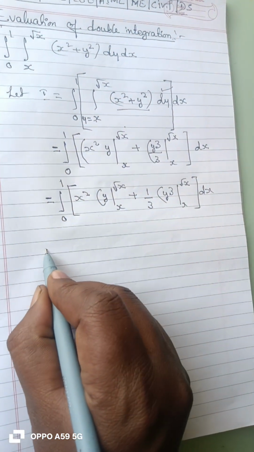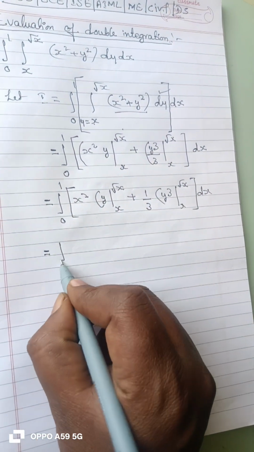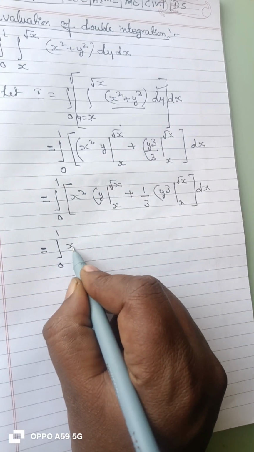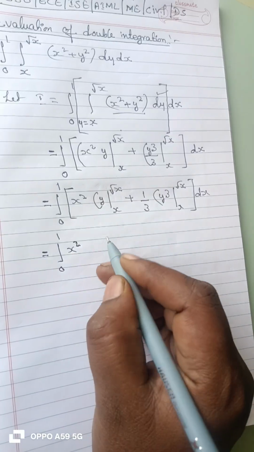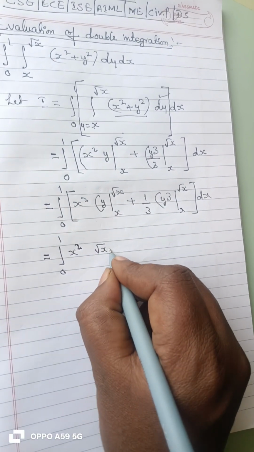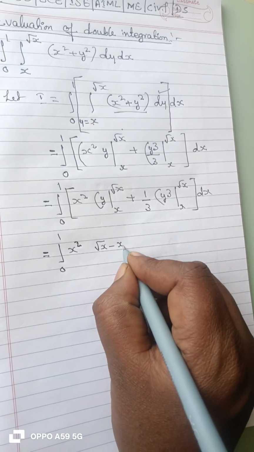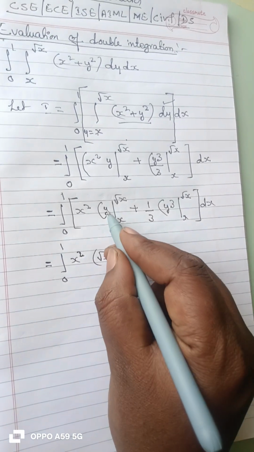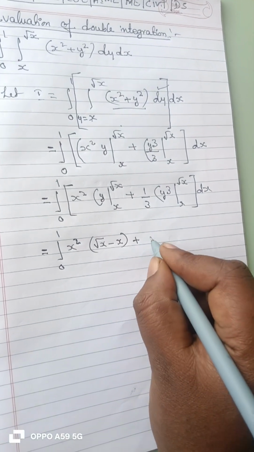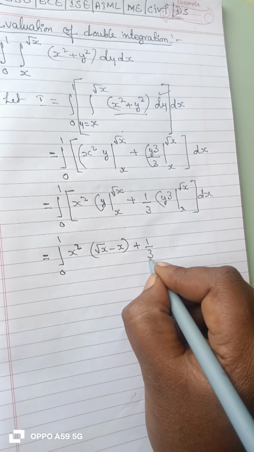Now this is equal to the integral 0 to 1 as it is. This is x square, upper limit minus lower limit, it will be root x minus x. For the y we have to substitute upper limit minus lower limit, plus 1 by 3 as it is.